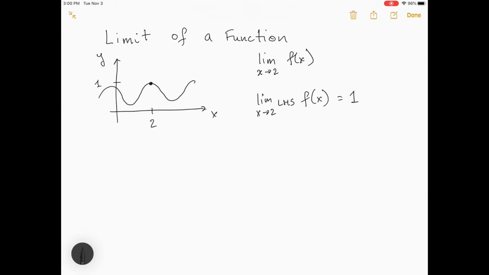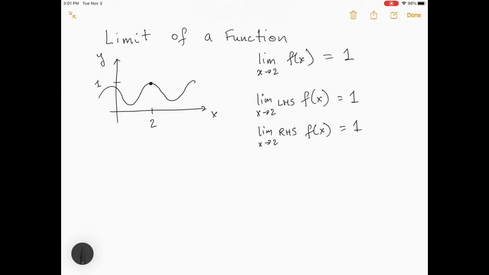So clearly we see that the limit as x goes to 2 from the right-hand side is also equal to 1. So if the right-hand side limit and the left-hand side limit are equal to each other, then we can say that the limit exists and it is equal to 1.